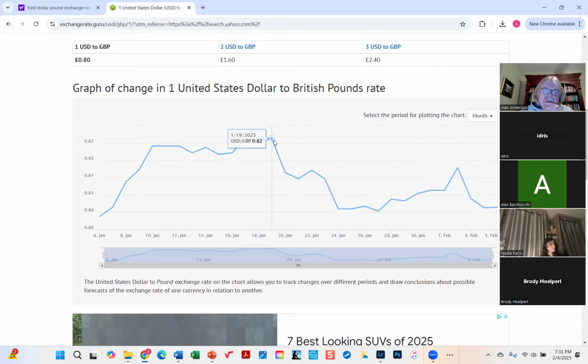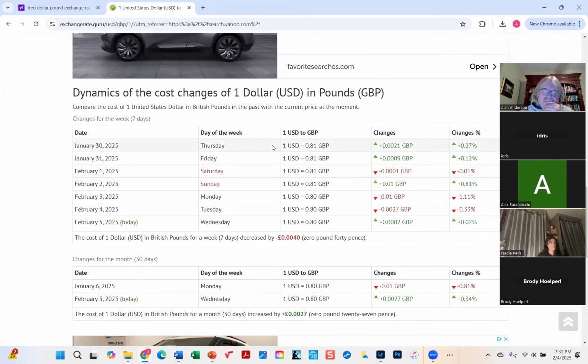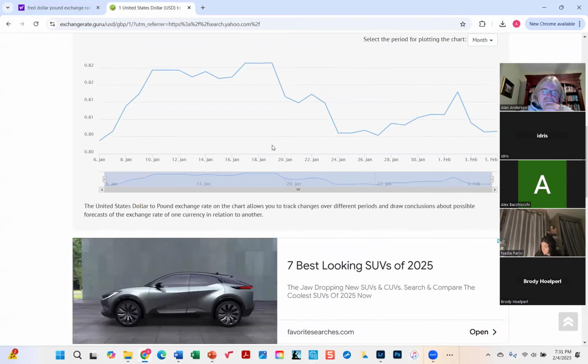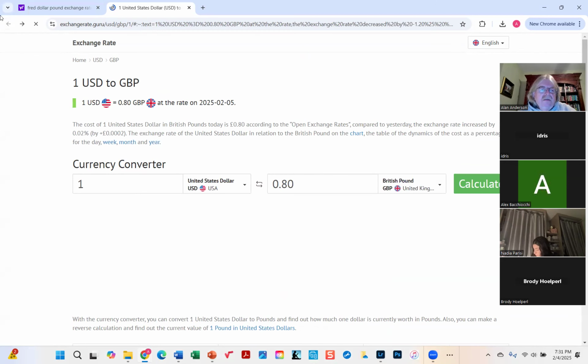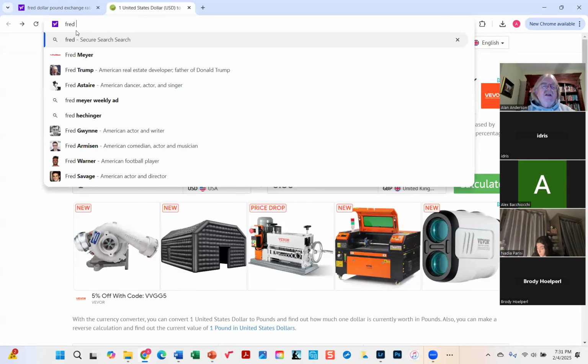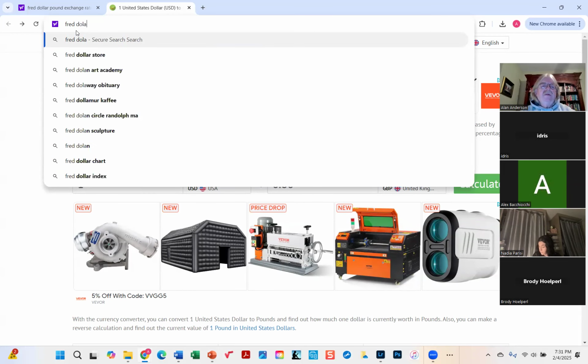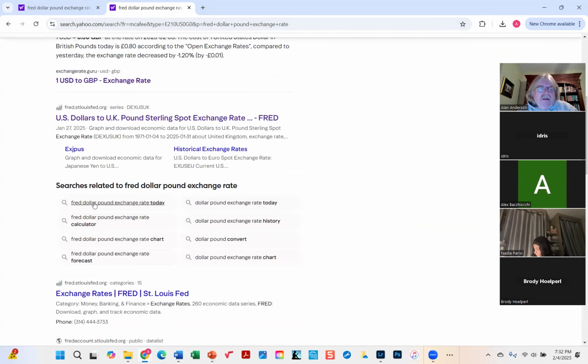So it can bounce around quite a bit over time. Anyway, let's get back to FRED. Actually, all right, I'll have to ask for it again. FRED, dollar pound exchange rate. All right, here we go.